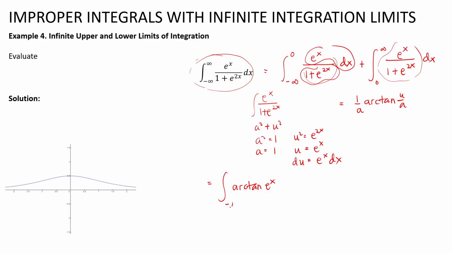From negative infinity to 0, then plus 0 to infinity. So this gives me arc tangent e to the power of x from negative infinity to 0, and then plus arc tangent e to the power of x from 0 to positive infinity.